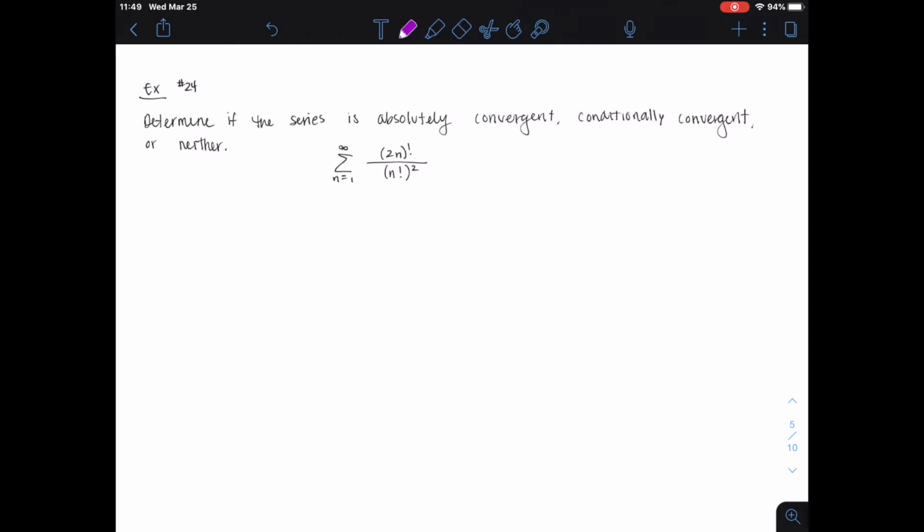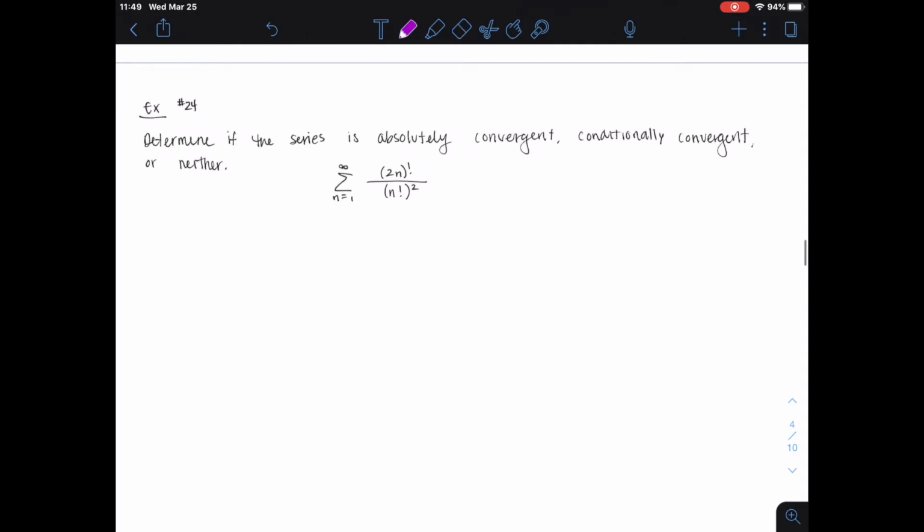So one thing I want to refresh real quick up here, if you don't remember factorials: n factorial is you take n and you multiply it by every single integer before it, all the way down to 1. So you keep going, times 3, times 2, times 1.